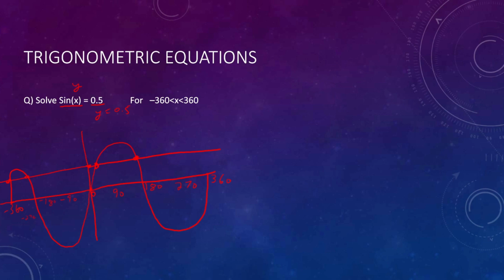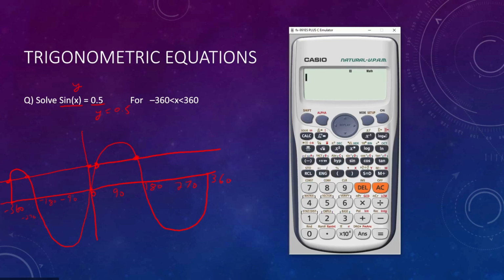Now first of all, what I'm going to do is use my calculator and use the sine inverse function. Let me show you how to do that. As you can see, I have my calculator over here. I'm going to press shift, then press sine.